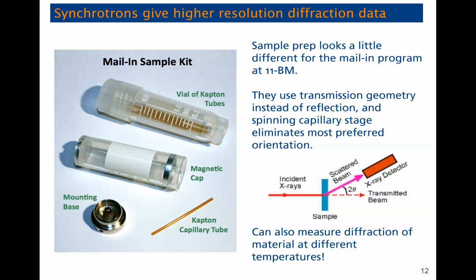And another thing you can do is measure diffraction at different temperatures here with a special request. So you could even make a phase diagram with your same material, or I guess you could get one line in a phase diagram, which says at this composition, you can measure the phase of the material that you get at a bunch of different temperatures.